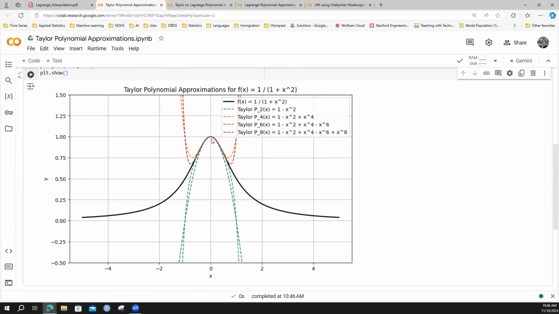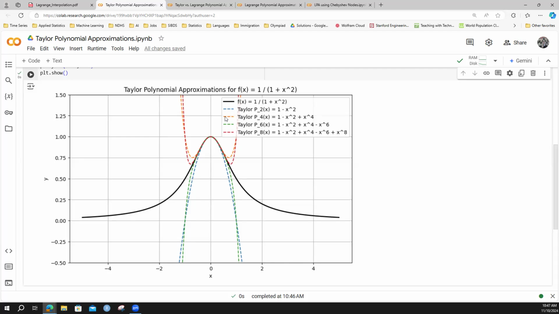The black graph is the original function. If you approximate it using a second-degree Taylor polynomial, it is this blue color. At the center, x equals 0, the original function and my second-degree polynomial are exactly the same.